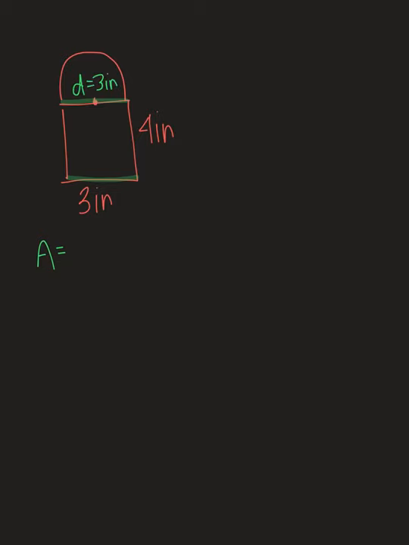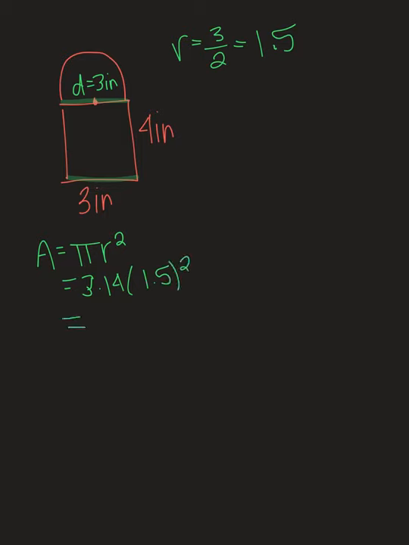To do area though, we need to know what r is. So we're going to do 3 divided by 2. So that's going to be 1.5. So I'm going to do pi r squared, so 3.14 times 1.5 squared.